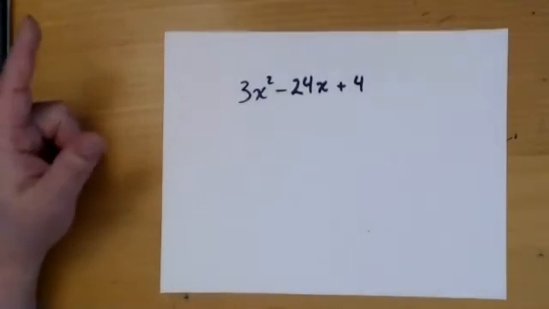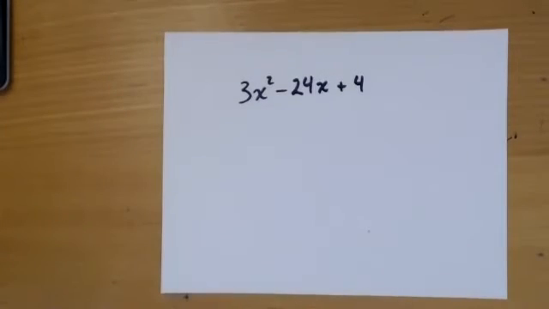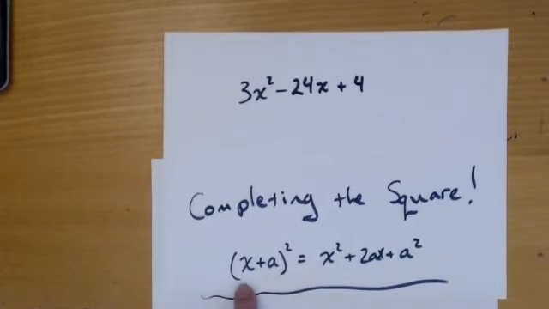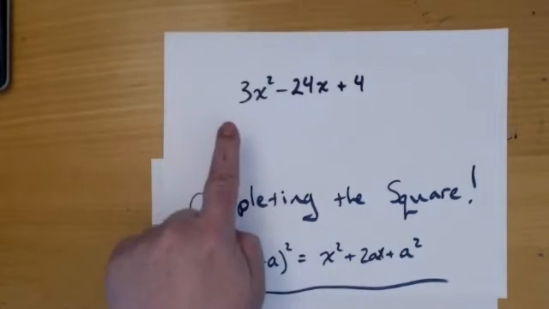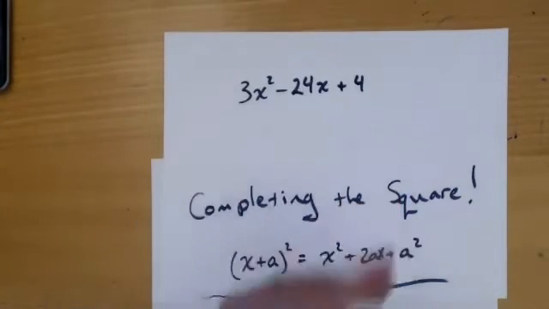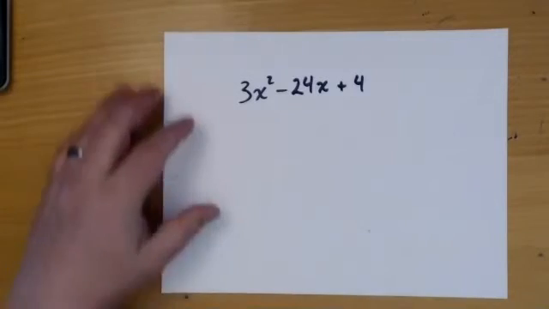Now, here's the kicker. We got this 3 out in front. And when we were messing around in the very beginning of all of this, this was the formula. It didn't have a constant other than 1 out in front here, okay? So what we need to do is get that 3 out of here. It can't be part of the problem right now.